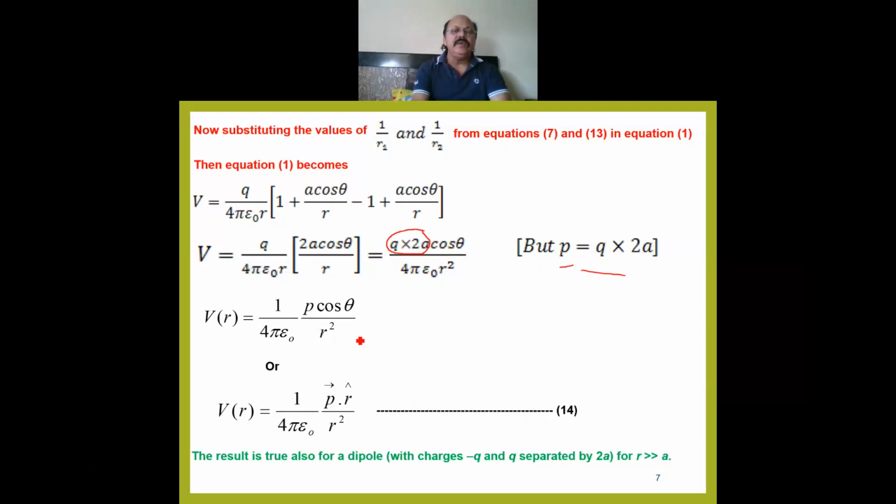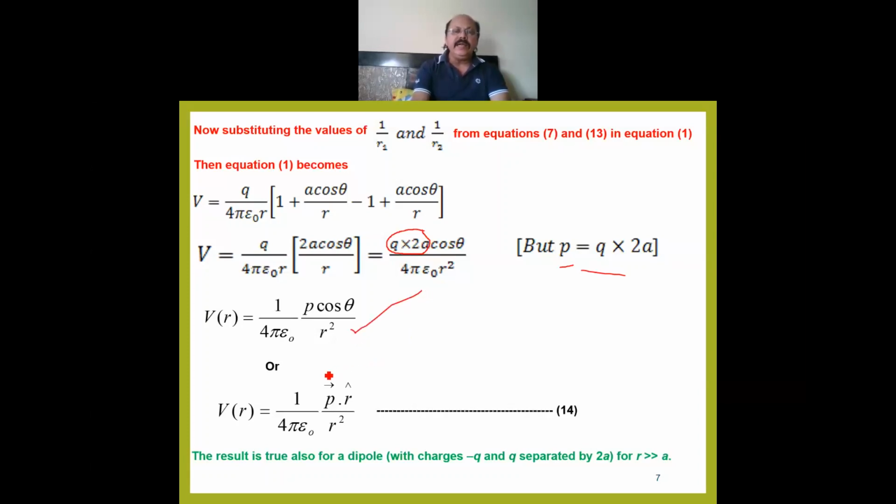So finally what you will get, V(r) means electric potential at a point P which is at small r distance from the center of the dipole. So we are writing V(r) equals 1 upon 4 pi epsilon naught p cos theta upon r square.